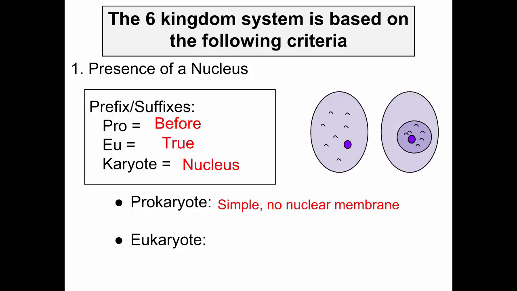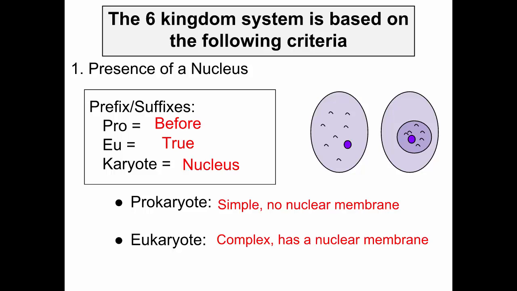Yep, so this one would be a prokaryote. So this one obviously is a eukaryote. It is a more complex cell. Generally, they're larger. They have a nucleus with a nuclear membrane. They have other organelles usually that are bound with membranes.